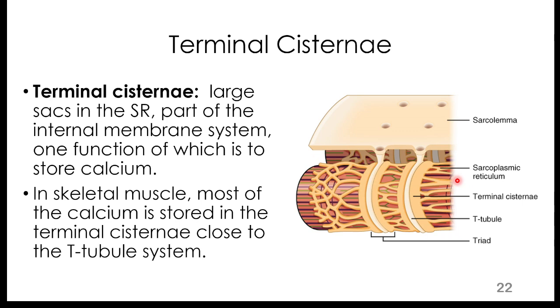We can also see what are called terminal cisternae, which are large sacs. These are the terminal cisternae. They are part of the sarcoplasmic reticulum, and it's inside them that the calcium is actually stored.